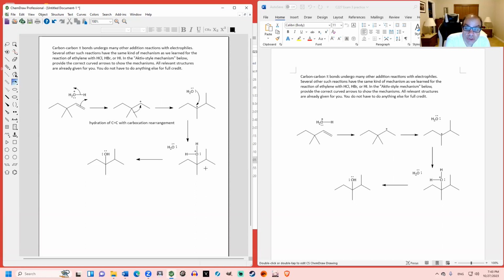And now all we need to do is lose a proton on that oxygen, and that gets rid of the plus charge. And as we said today in class, we do that using a water molecule. That pulls off the proton, breaks the oxygen-hydrogen bond, pushes the electrons onto oxygen, and gets rid of the plus charge, and gets you the product. So that's the mechanism I was looking for. Those 1, 2, 3, 4, 5, 6 arrows.